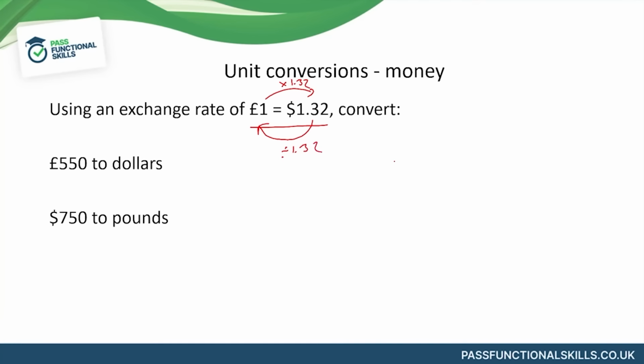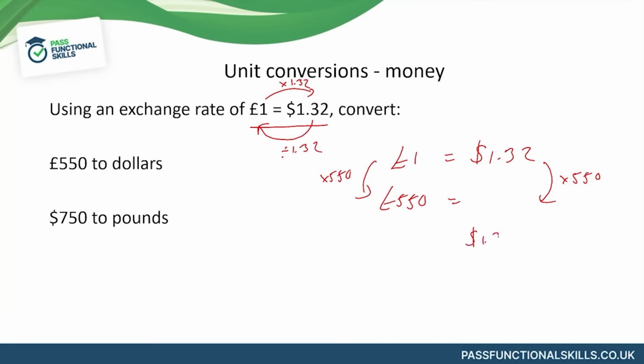Probably an easier way of looking at this is, well, if £1 is the same as $1.32, then £550 is going to be 550 times greater than £1, so we need to multiply the dollar amount by 550 as well. So the calculation is simply $1.32 multiplied by 550. Obviously you need a calculator for this, and 1.32 times 550 is $726.